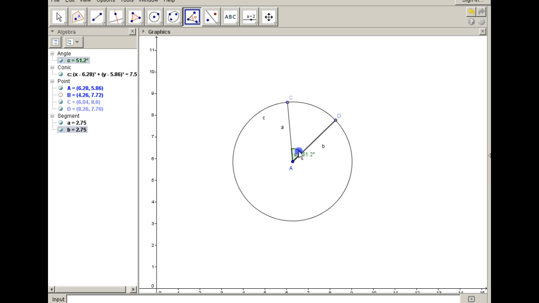So this is a 51.2 degree central angle, which is also a 51.2 degree arc. If you think about it, the arc could go just like the central angle. It could go all the way around and become a 360 degree arc in theory, right?